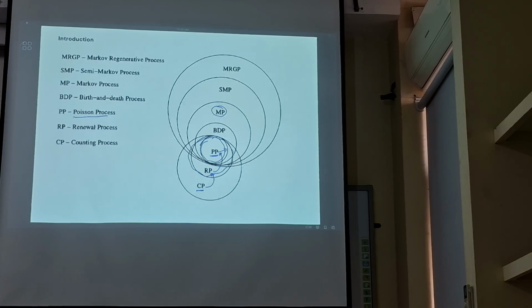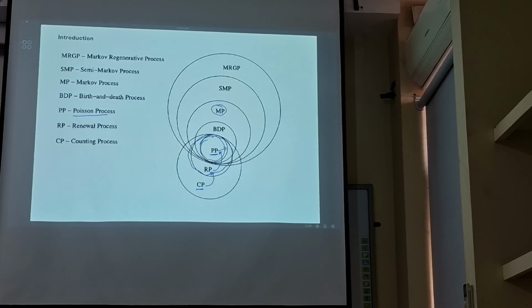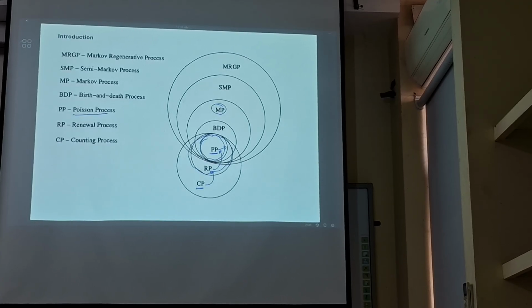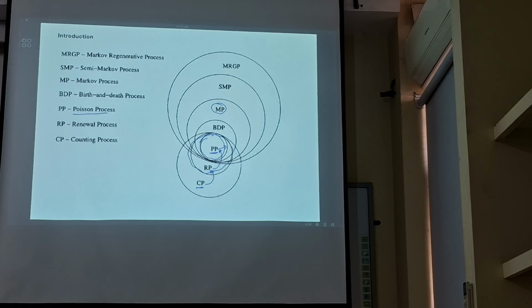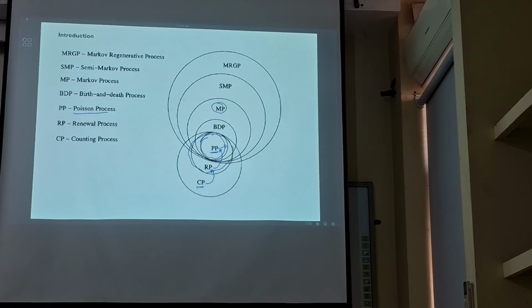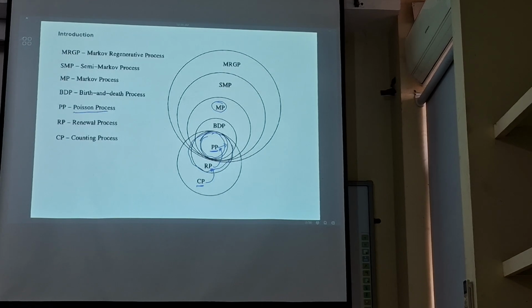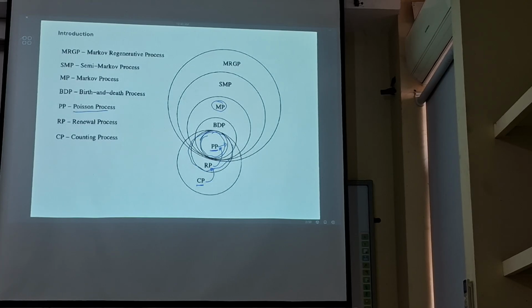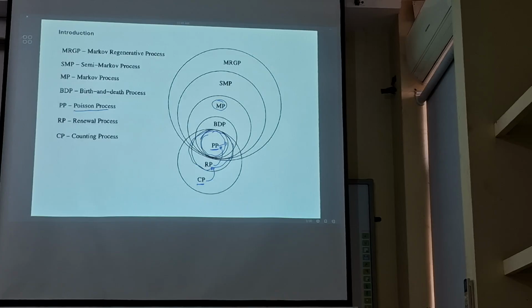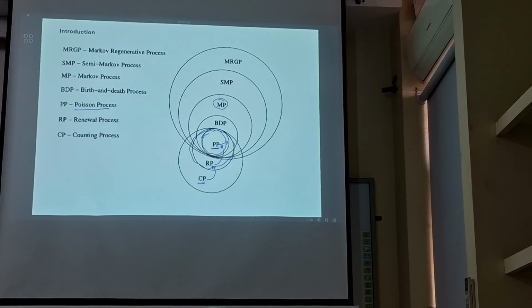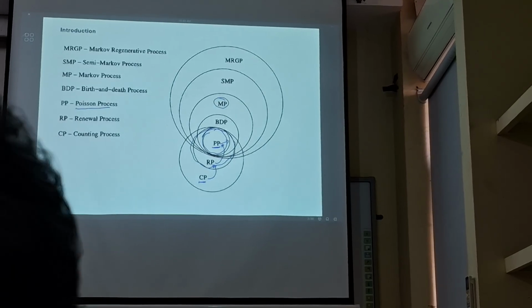Interarrival times are exponentials. And the second thing is that the Poisson process possesses stationary increments and independent increments. So the very criteria here is that the interarrival times are exponential.